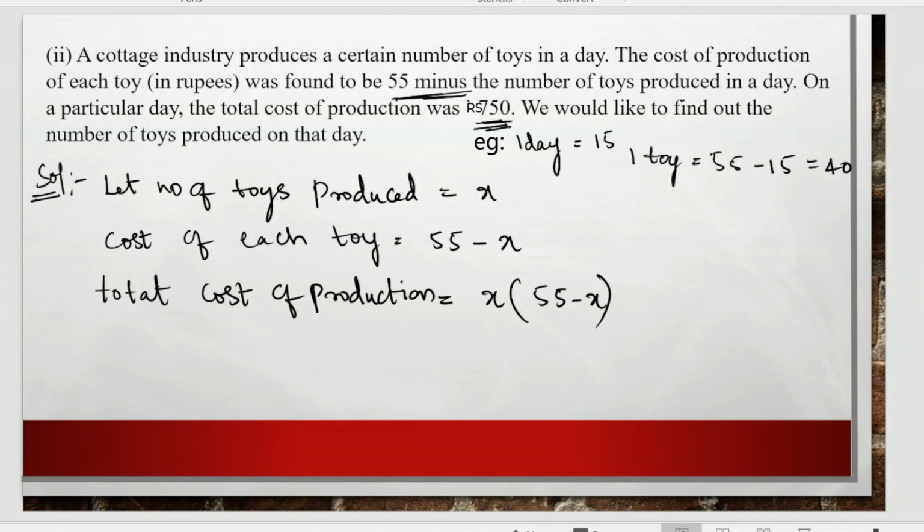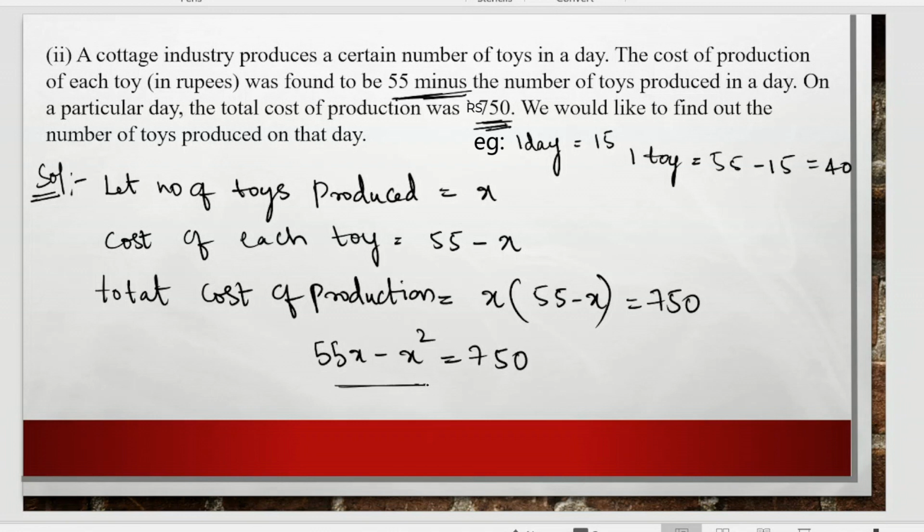If you are making 15 toys in one day and the cost of one toy is 40 rupees, you multiply them to get the total cost of production. Now multiply these both. You will get 55x minus x square is equal to 750.